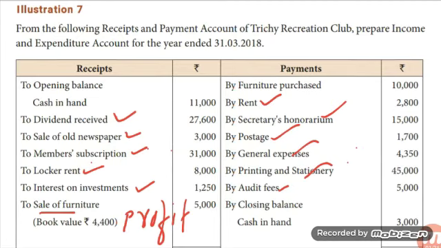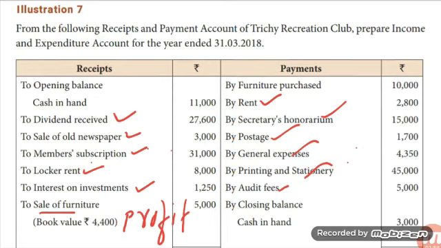Okay, sale of furniture. Children, see the question. Selling price rupees 5,000 is given and also the book value of the furniture is given in the question. The book value of furniture is rupees 4,400 and the selling price is 5,000. What is book value?